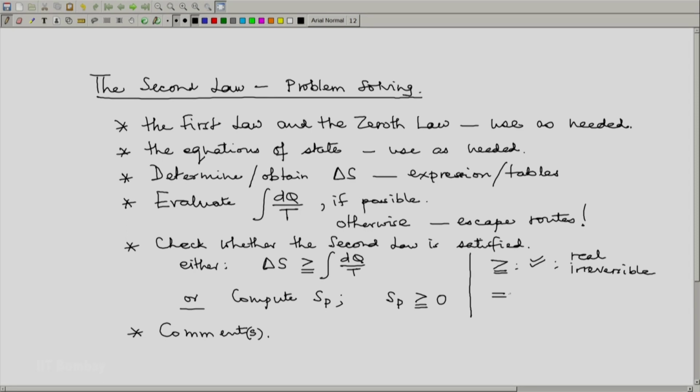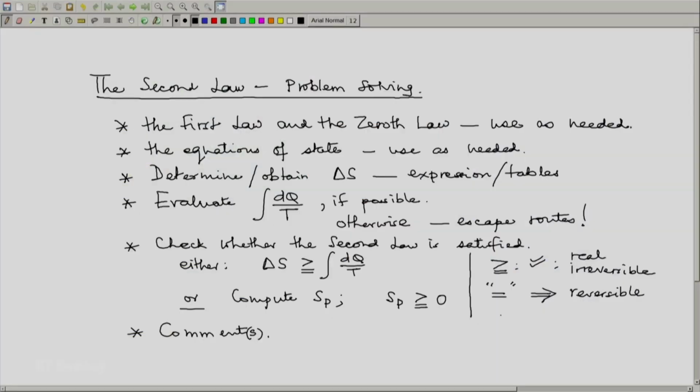If we notice that the second law is satisfied in its equality form, then this implies that we have a reversible process. And we know from our experience, everybody knows from their experience, that a reversible process is very, very improbable. So it is a thermodynamic ideal. In real life, we hardly ever see any reversible process taking place.